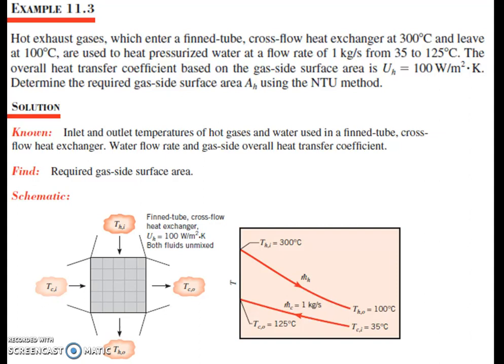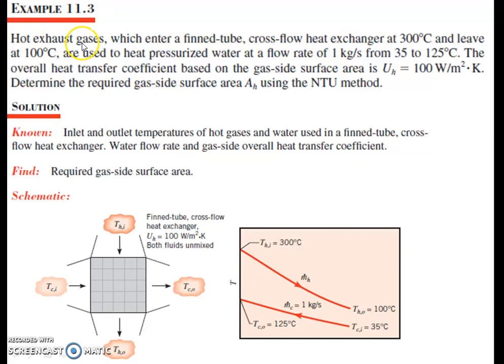From the beginning of the question, we have to identify and analyze it. The hot exhaust gas enters a finite tube, cross flow heat exchanger at 300 Celsius and leaves at 100 Celsius. Based on this, we note that it is hot, meaning this is the hot pipe.